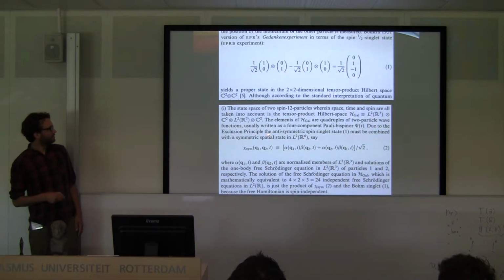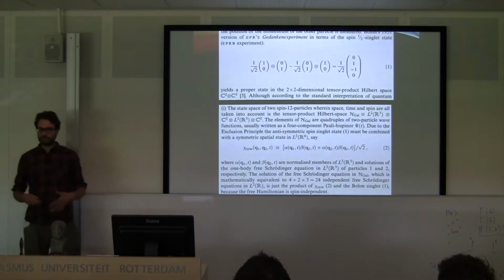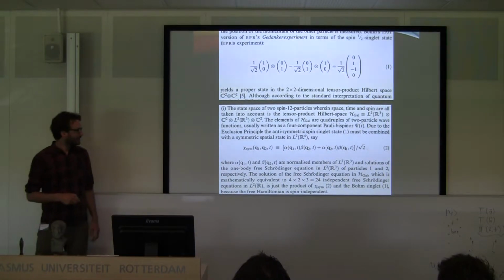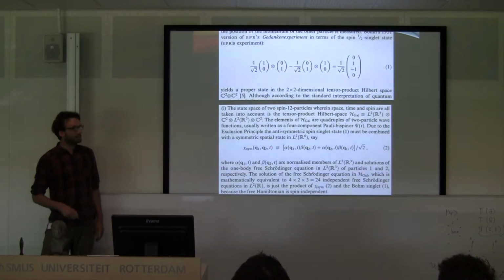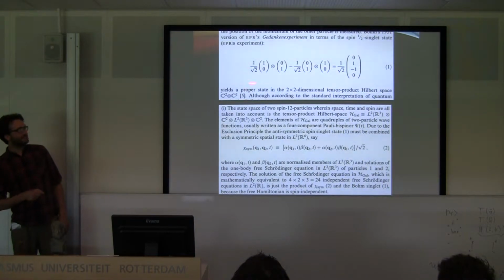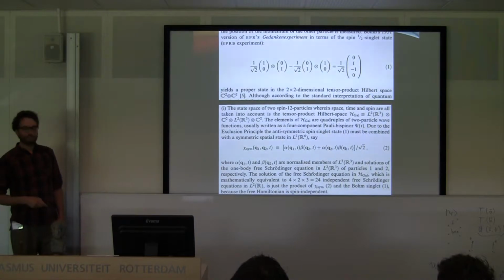Due to the exclusion principle, the anti-symmetric spin singlet state must be combined with a symmetric spatial state. This is because if you go to this full two fermion state, you've learned that state has to be anti-symmetric, meaning that if you interchange the labels 1 and 2, you have to get the minus sign. And because this state is already anti-symmetric, you have to combine it with a symmetric spatial state to get a complete anti-symmetric state.